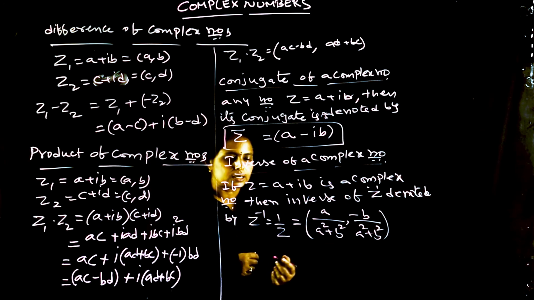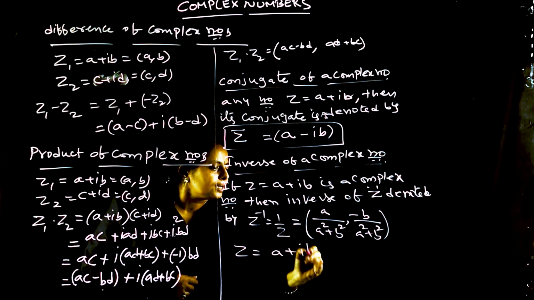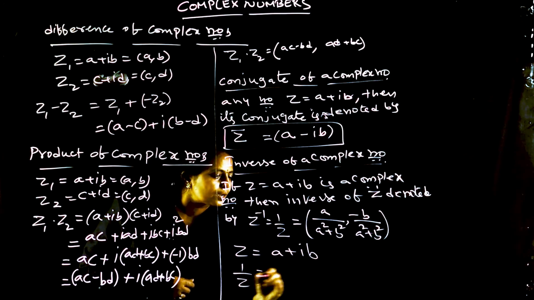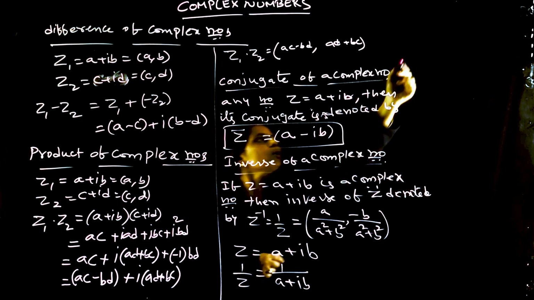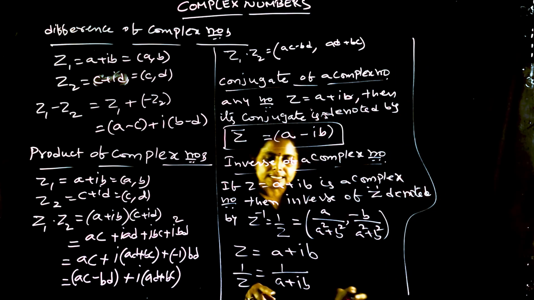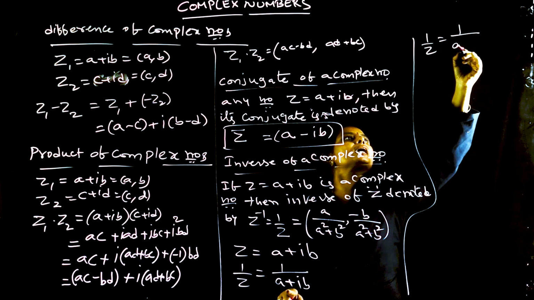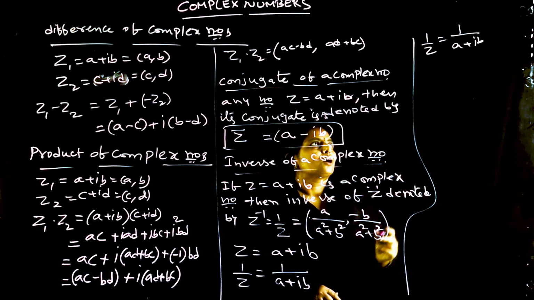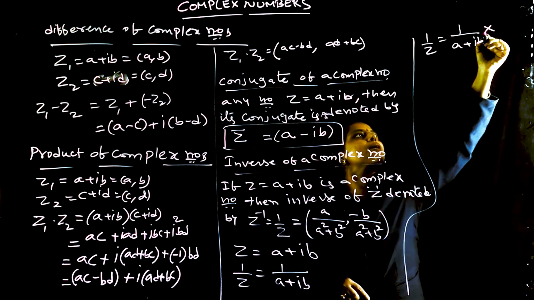Let us see how we got this. See, z is equal to a plus ib, then 1 by z will be equal to 1 by a plus ib. So, in order to eliminate complex number from denominator, what I do, I will multiply and divide with conjugate of complex number. So, conjugate of a plus ib is what?